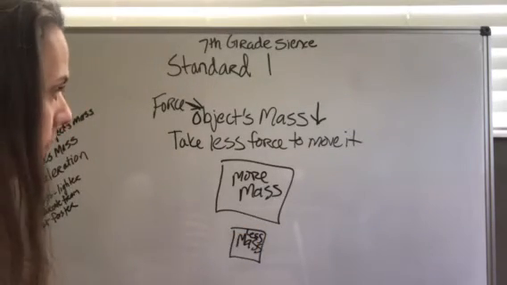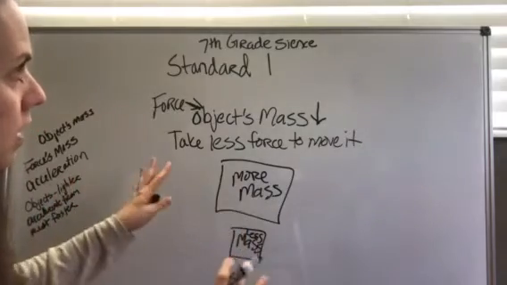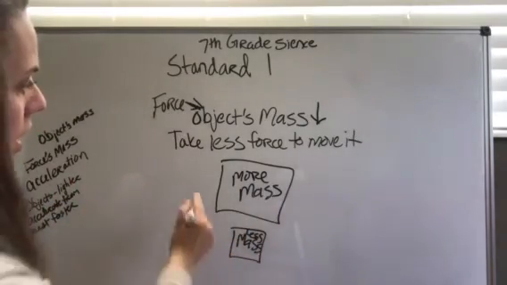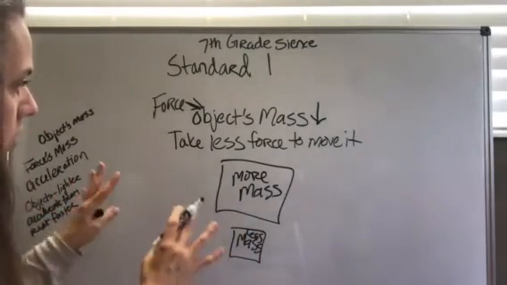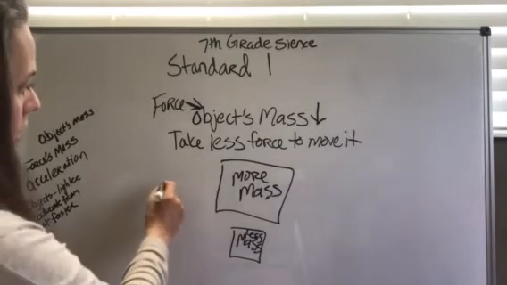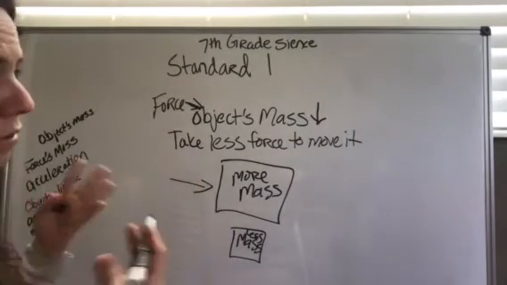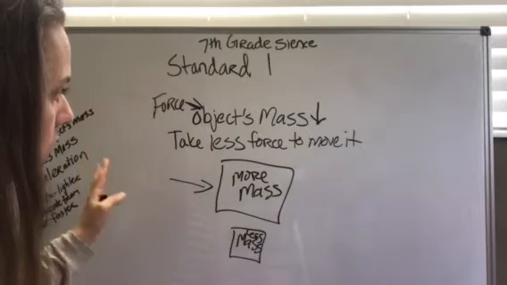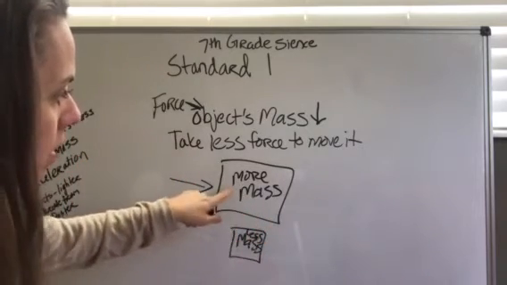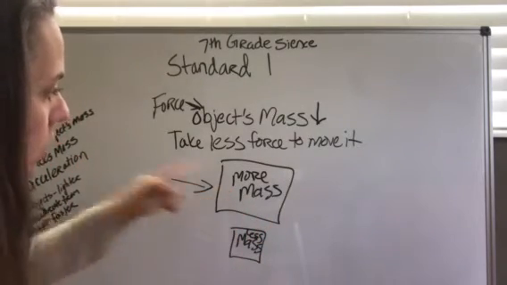So, you know, the laws of motion, Newton's laws of motion, they're talking about the relationship between two things, really. So a force is usually another object putting a force upon another object, this object.